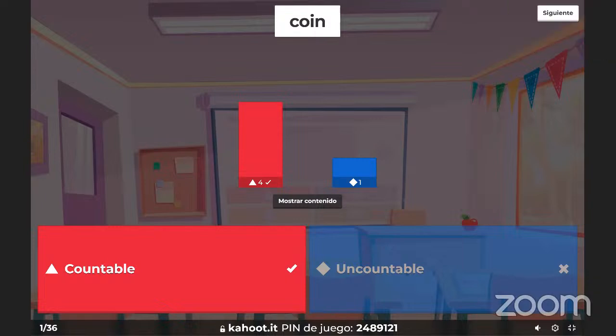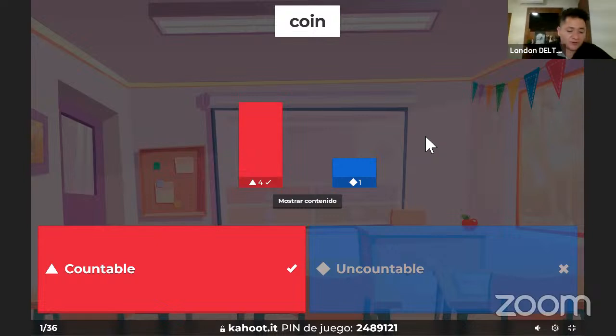Money. No, money is uncountable. Correct. Money is uncountable, porque igual en español no digo un dinero, dos dineros, ¿verdad? It will be strange, but yeah.